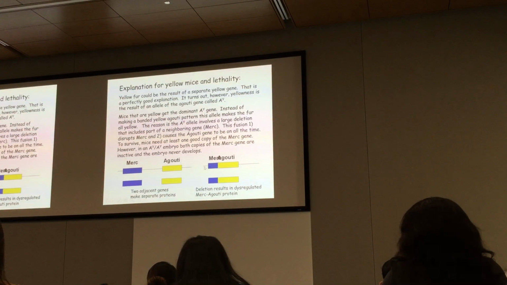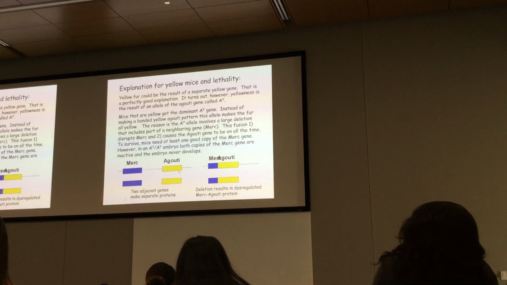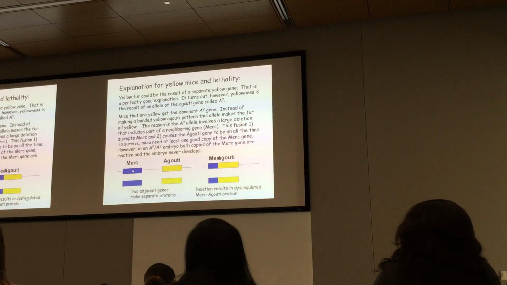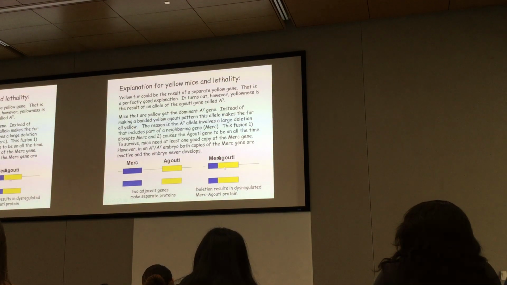An AYA mouse would have one copy of a chromosome maybe that looks like this, so they would produce agouti correctly. They will produce Merck correctly, right? And they will have another copy of a chromosome that looks like this, which is AY. It doesn't produce agouti correctly. It produces it all the time, so this is dominant to this.